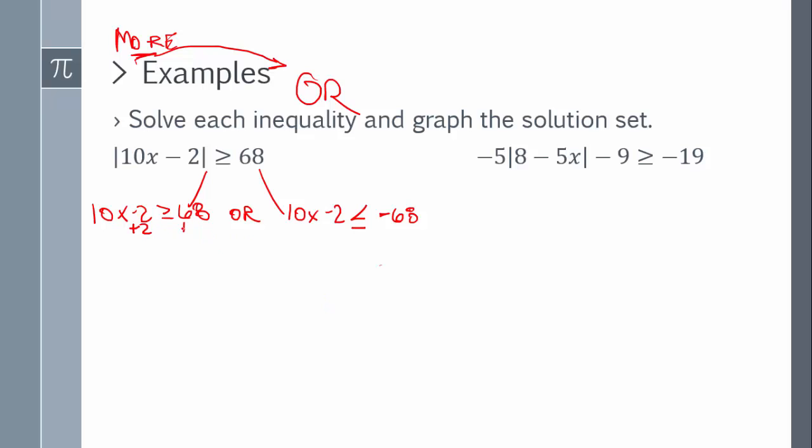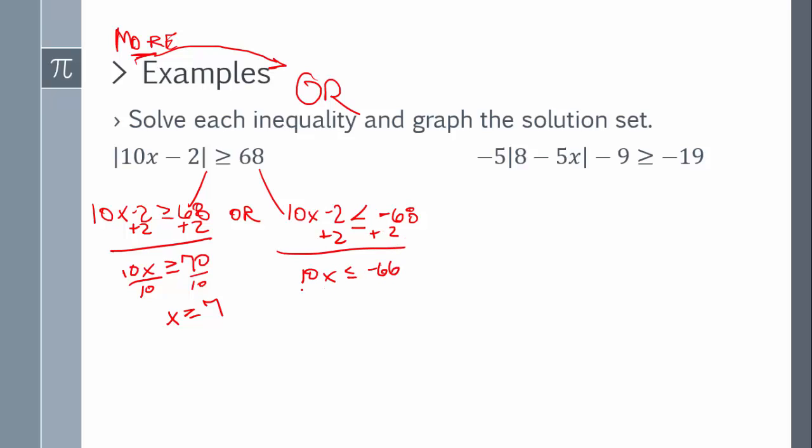And then we do some algebra. So we'll add 2, divide by 10. X is greater than or equal to 7. Add 2, divide by 10. And this would be, I'll make it a decimal, negative 6.6.